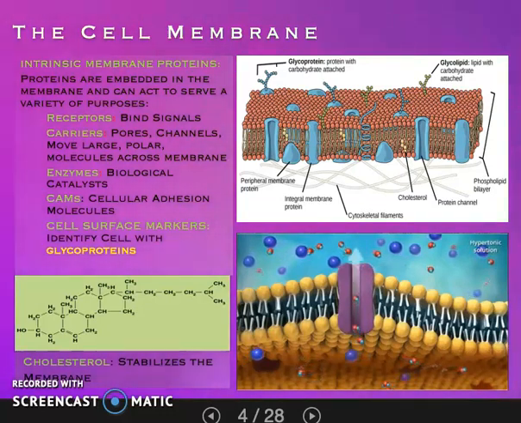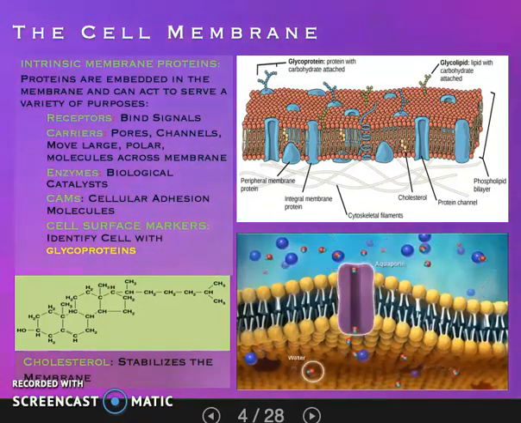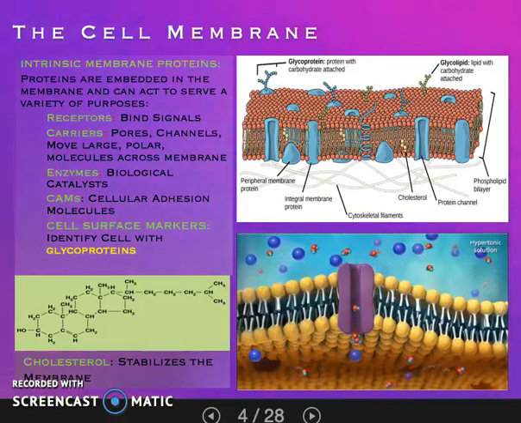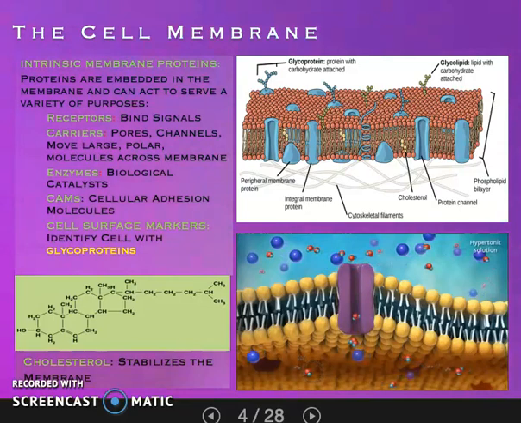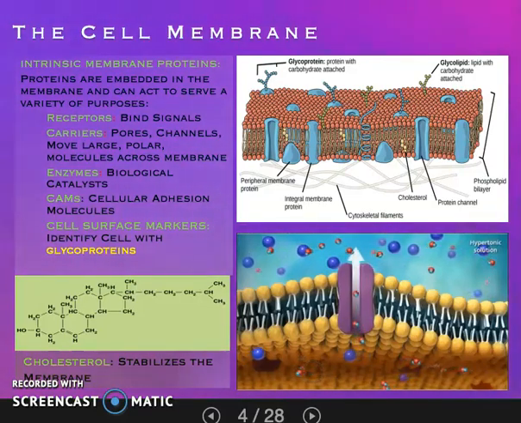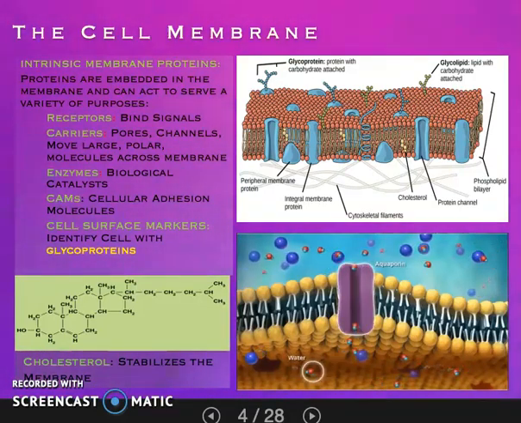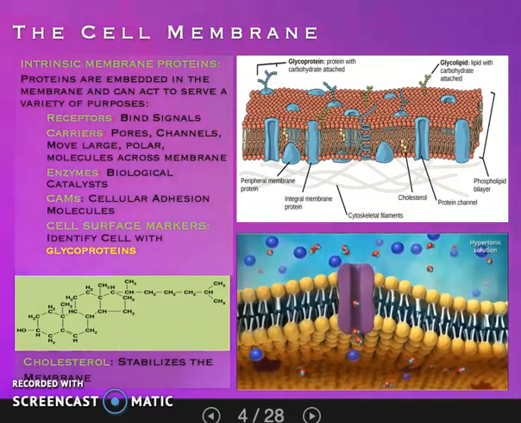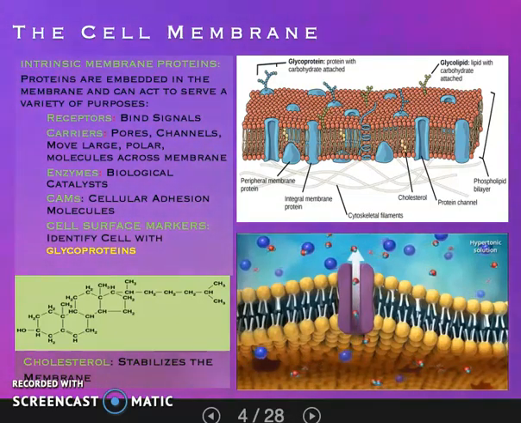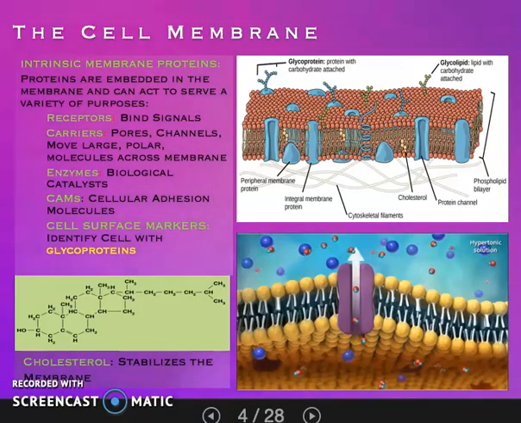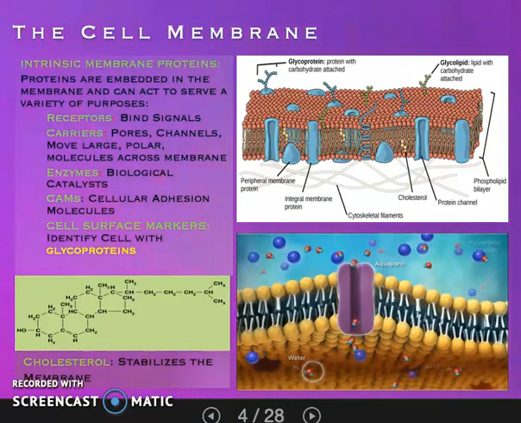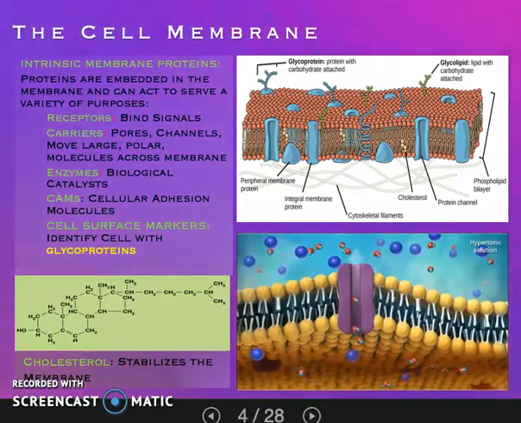Well, glyco refers to glycogen, which is long chains of glucose, and protein is simply that. So I have proteins with long chains of glucose, and you can tell a lot about a cell. These are identity markers. They say, hey, it's me, I'm not a bacterial cell, and you can even tell how old a cell is by how long those chains are. Of course, there's also cholesterol embedded in the cell membrane, and that makes the membrane more or less rigid.